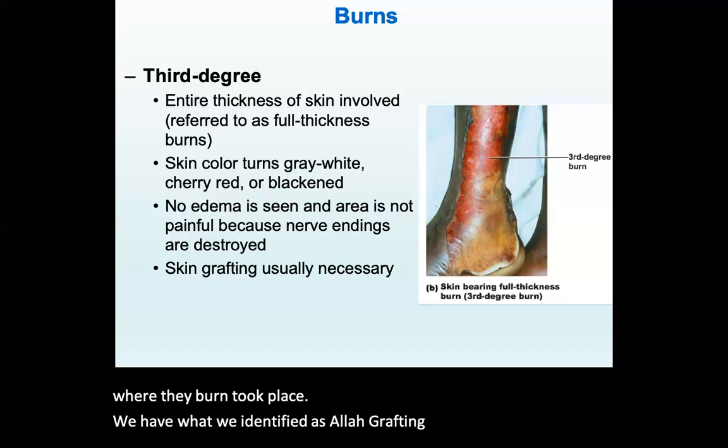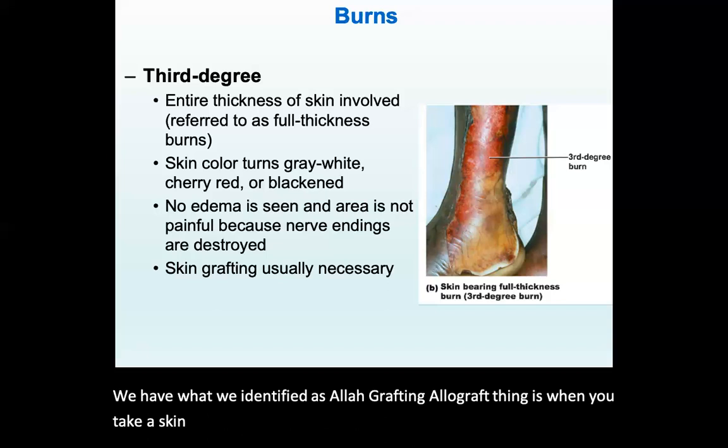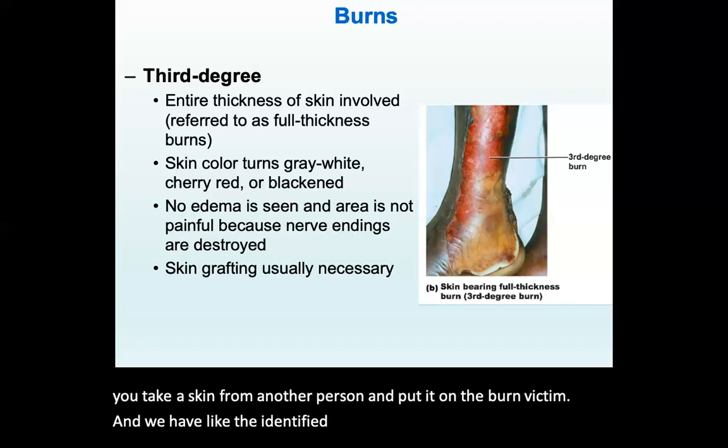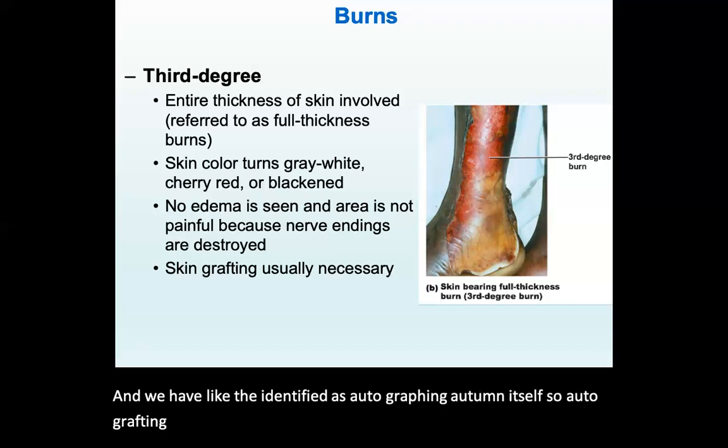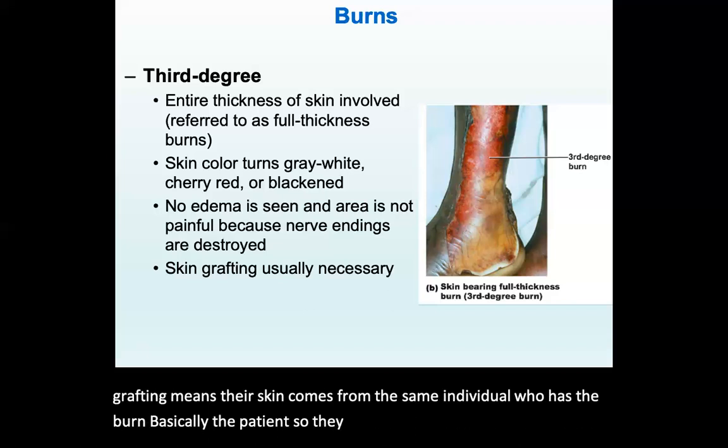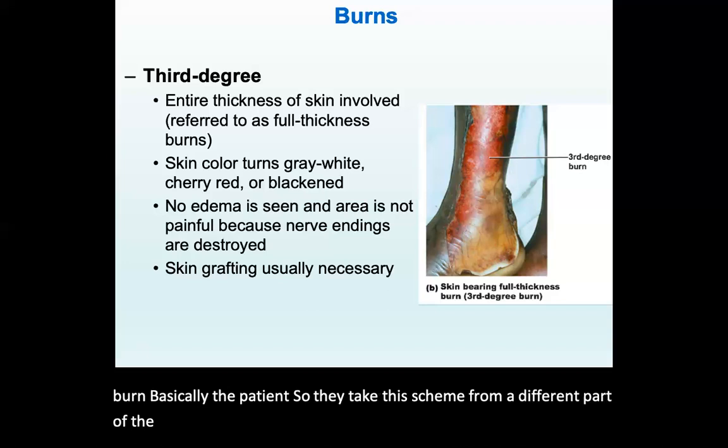Allografting is when you take skin from another person and put it on the burn victim. And we have what we identify as autografting. Auto means self, so autografting means the skin comes from the same individual who has the burn, basically the patient. So they take the skin from a different part of the body and place it on the damaged area.